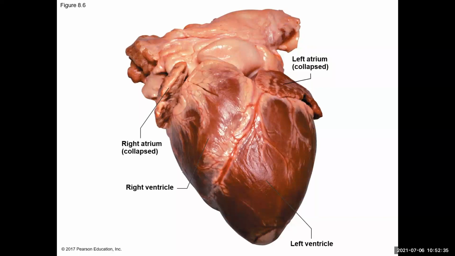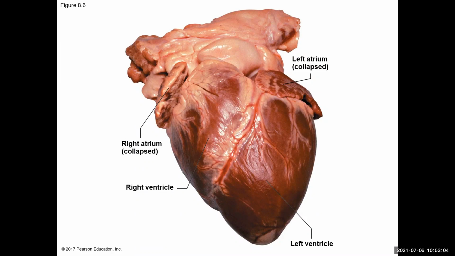What we're going to first focus on, though, is the heart itself and the structures within the heart, and then how the blood flows through the heart. And then once we understand that, we'll add the different circulatory system pathways to our diagram to help you understand how blood moves through the body.